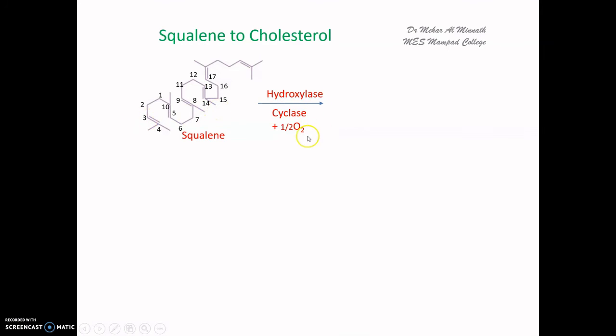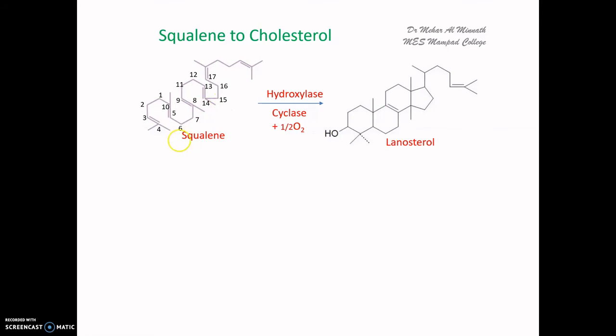Before these happen, migration of the methyl group from 14 to 13 and from 8 to 14 happens. Now, for hydroxylation, the hydroxylase enzyme uses molecular oxygen. Alright, now when this happens, you get the compound lanosterol.